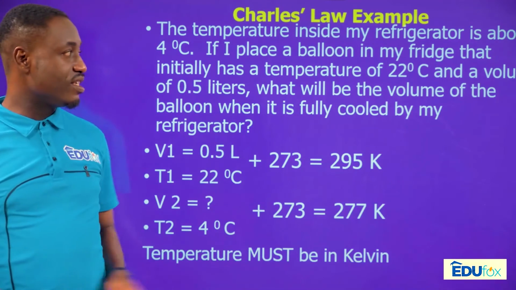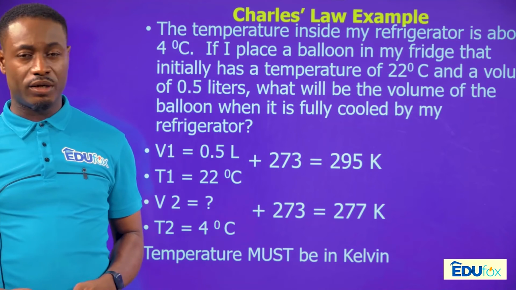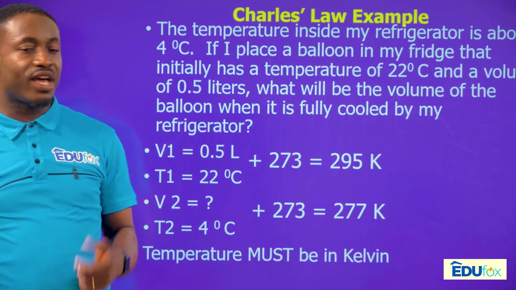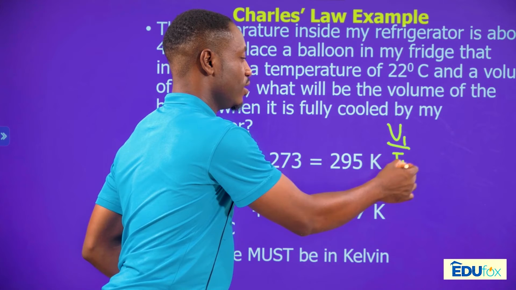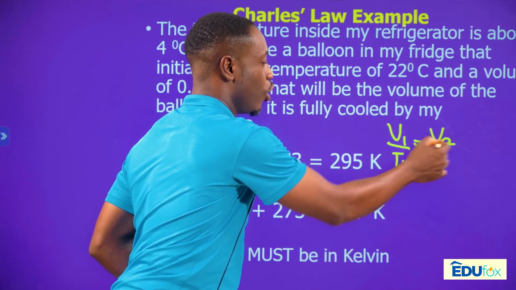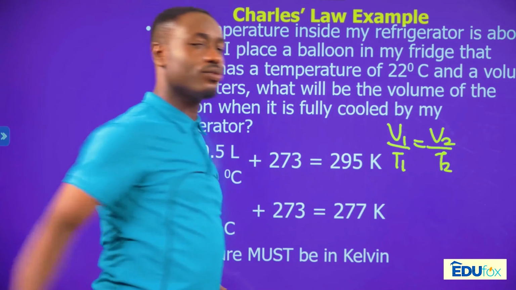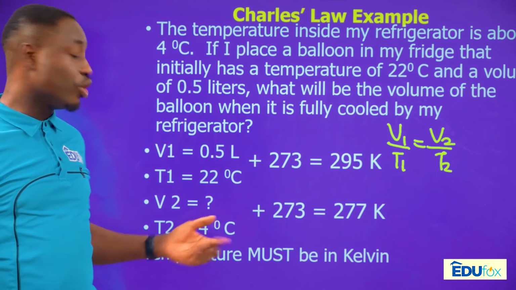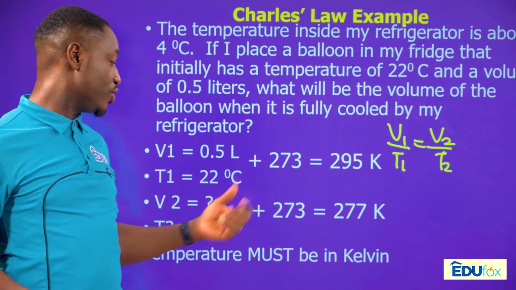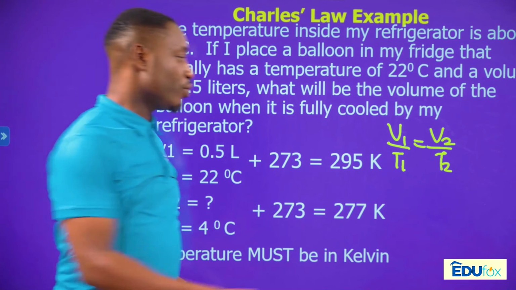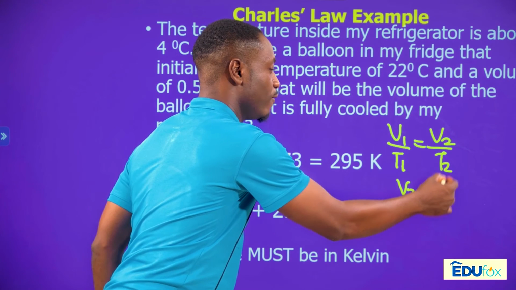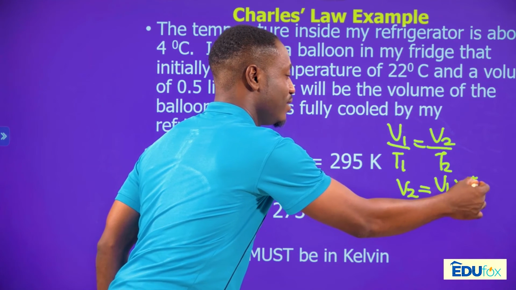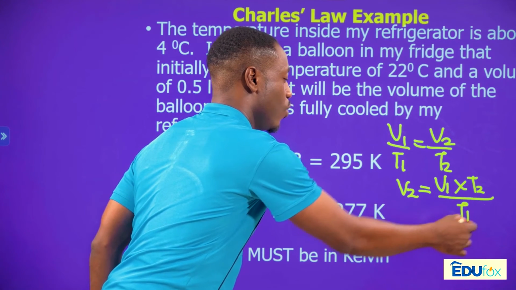Having all these in place, we can use the formula for Charles' law, which states that V1 over T1 is equal to V2 over T2. We know we're looking for V2, the second volume. So we make V2 the subject of the formula: V2 is equal to V1 multiplied by T2 over T1.